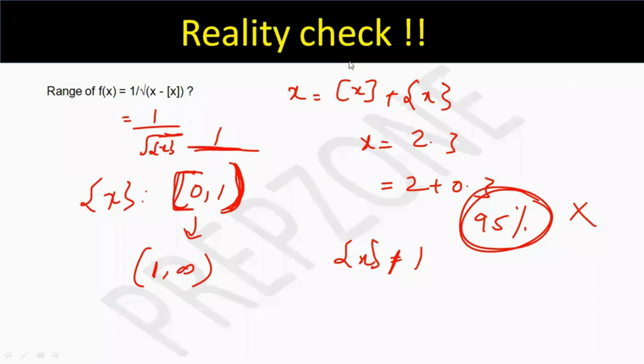ठीक है? Okay. चलो इस ठीक है. I think square root I didn't talk about it because see a fractional part of x ये है, ठीक है? So even if you take इसका square root ना, so square root of any number which is between 0 to around 1 will remain as 0 to 1.